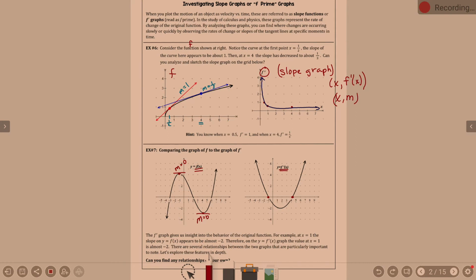Somewhere in here, I don't exactly know where, there's a spot where our graph changes concavity. The notes used POI as in point of inflection. I usually say IP as in inflection point. Okay. But this is an inflection point. Inflection point is where my graph changes concavity.